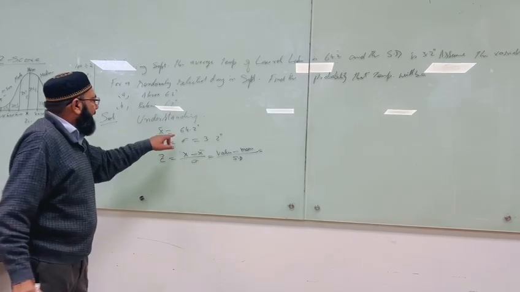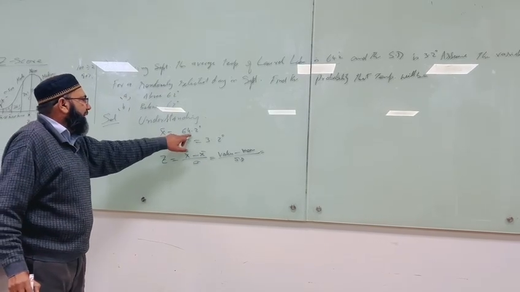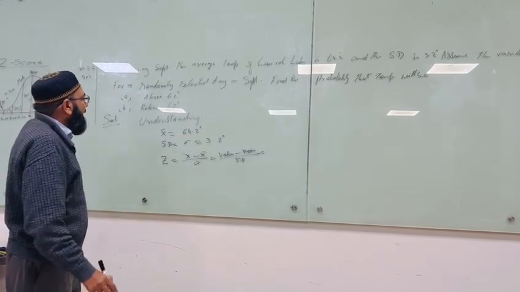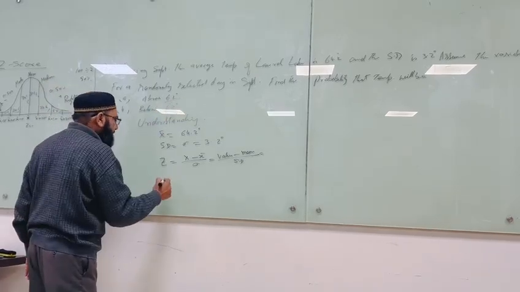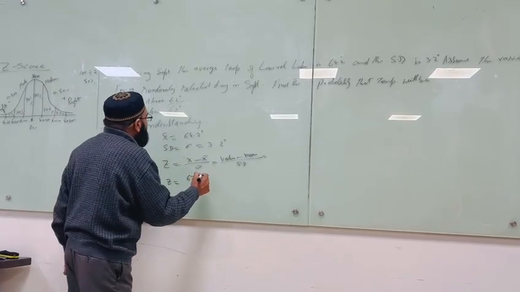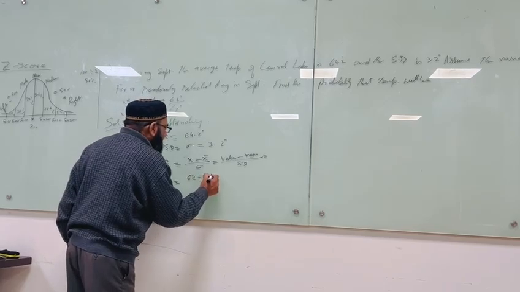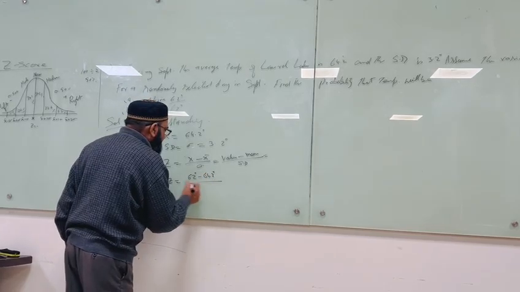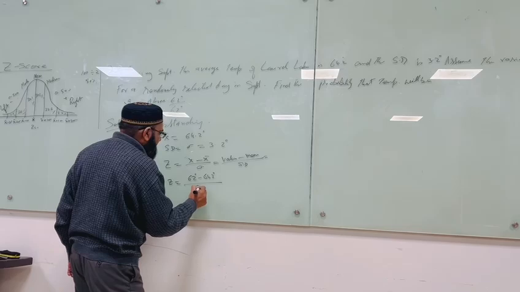Here the mean is given, and we have to find for 62. So the Z-score is 62 minus 64.2 over 3.2.